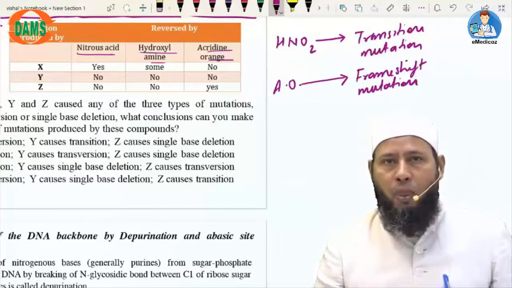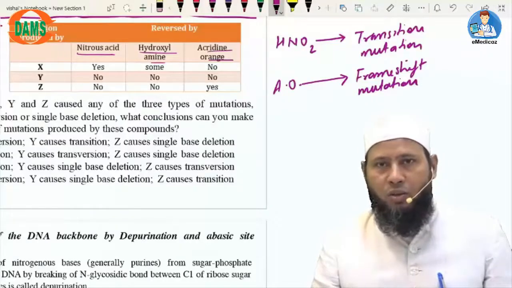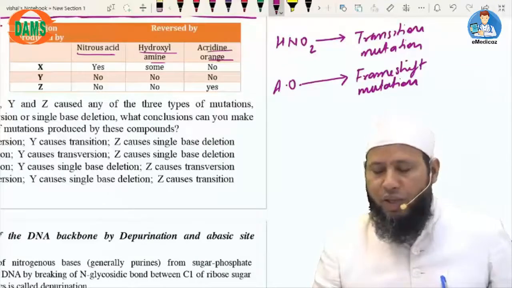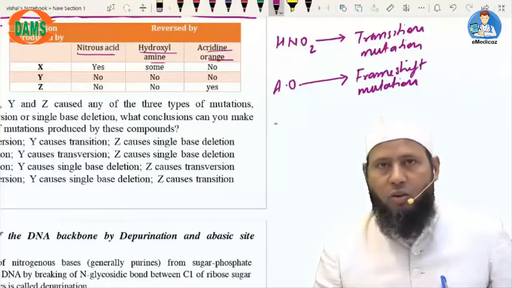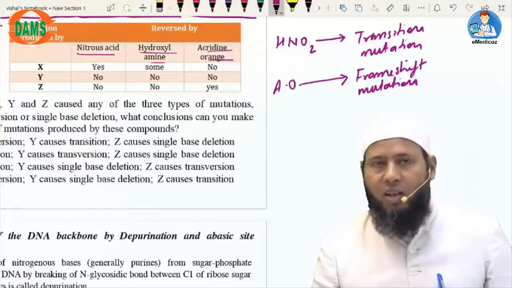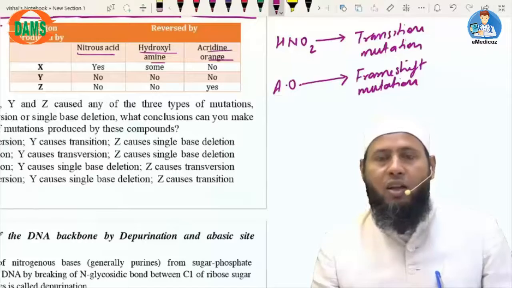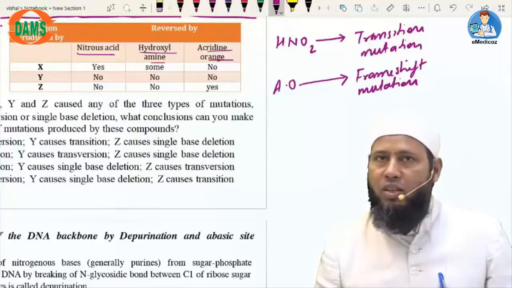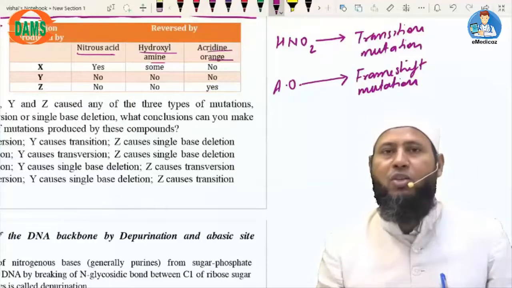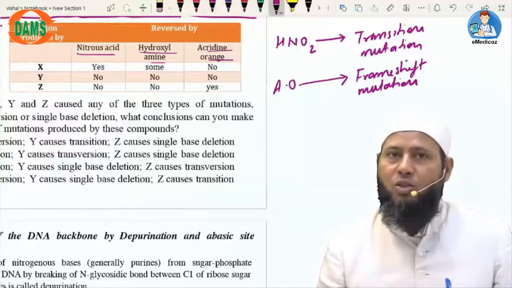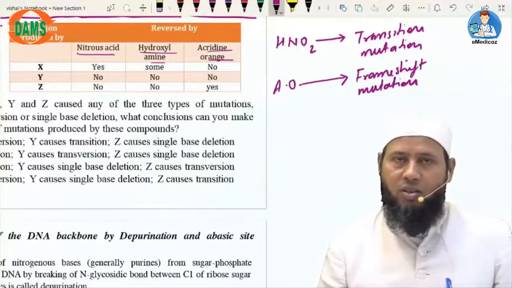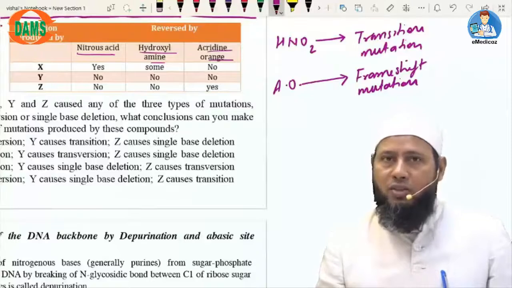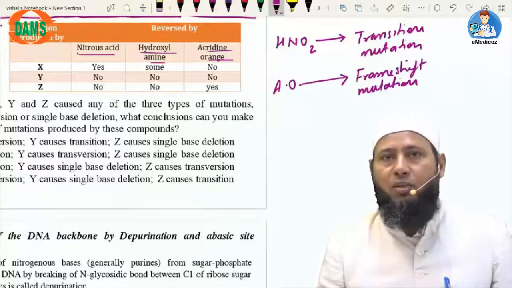Once we know that nitrous acid does the transition mutation and acridine orange does the frame shift mutation, the same rule applies: a like mutagen reverses a like mutagen. A mutagen causing transition mutations will be reversed by another mutagen that also causes transition mutations. Similarly, a frame shift mutagen's effect will be reversed by another frame shift mutagen.